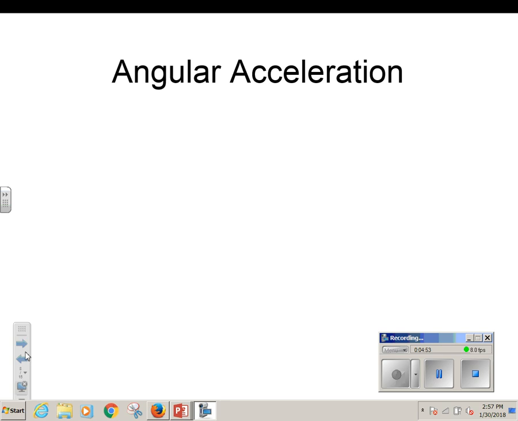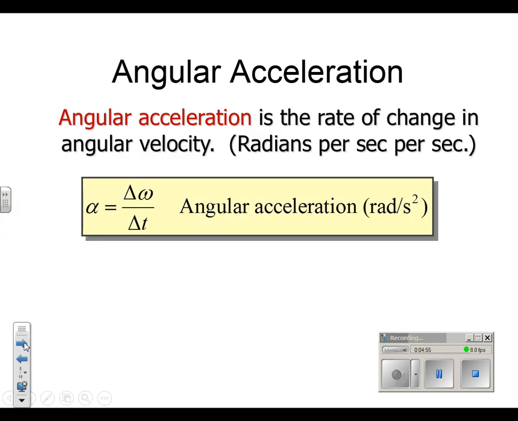Angular acceleration. Now, angular acceleration is the rate of change in the angular velocity. So this is going to be radians per second squared. So we'll use for angular acceleration the symbol of an alpha, and that will equal our change in omega over our delta t.